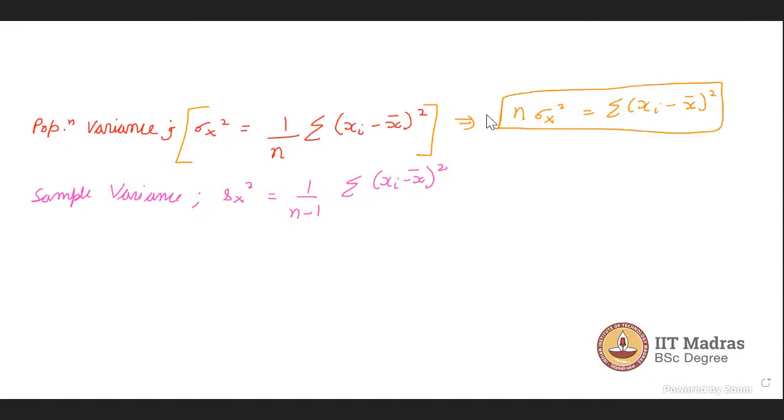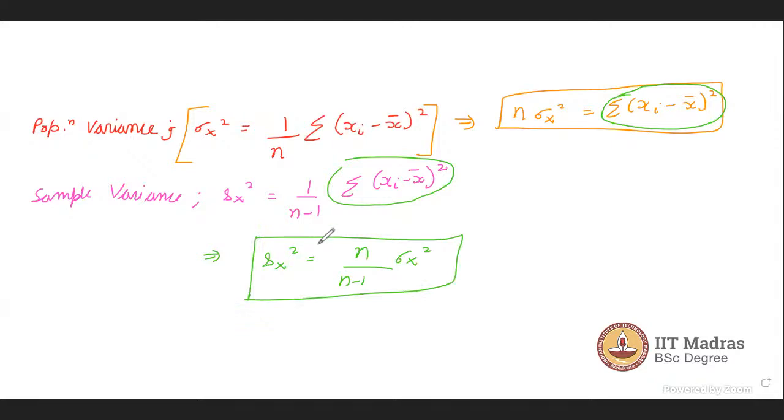Now if I plug in the value over here, I will get sample variance equals n times population variance upon n minus 1. And if you have to find the standard deviation, I will take the square root on both sides.